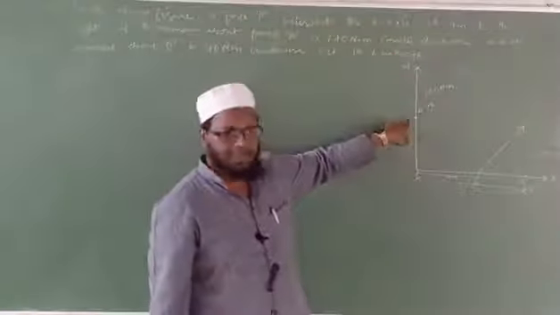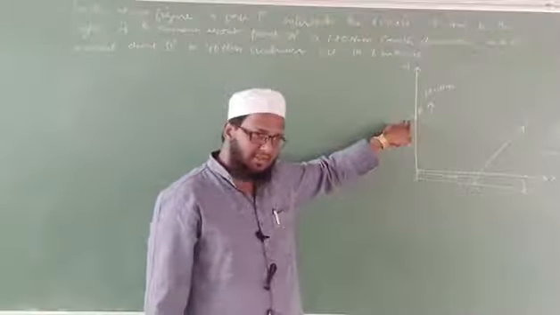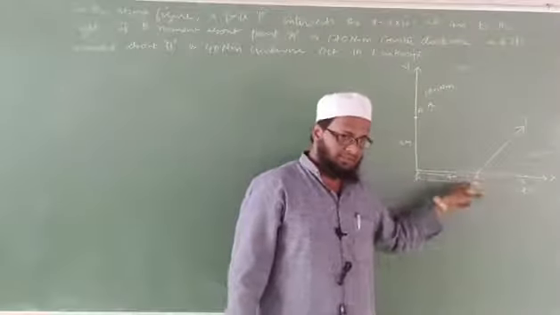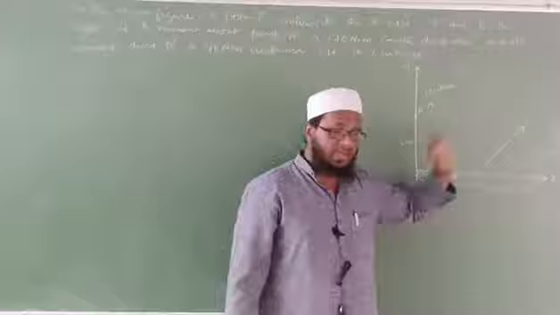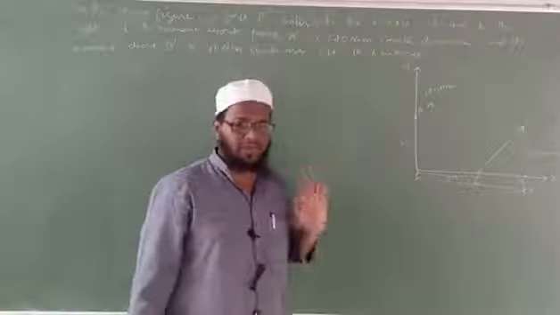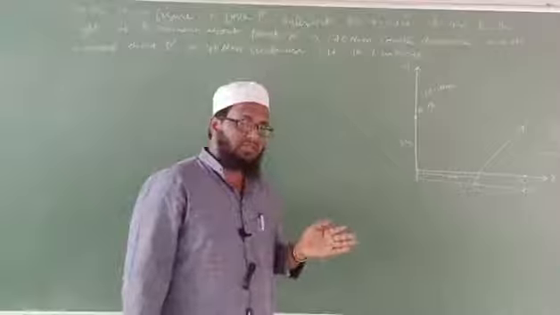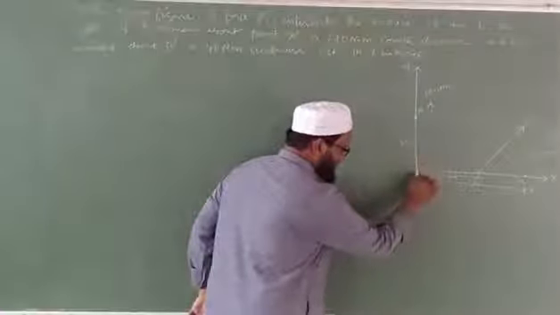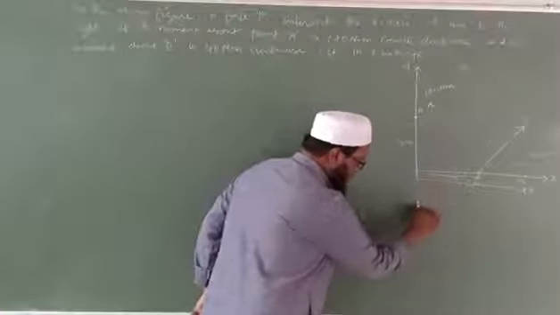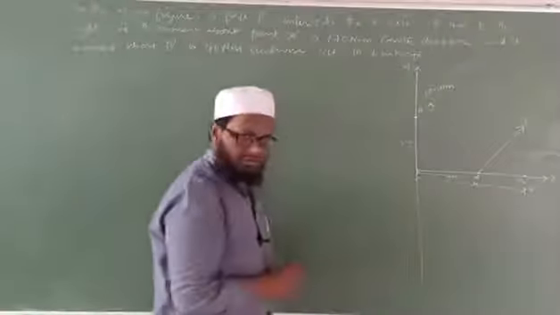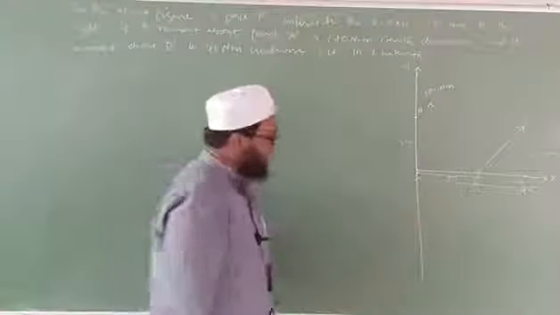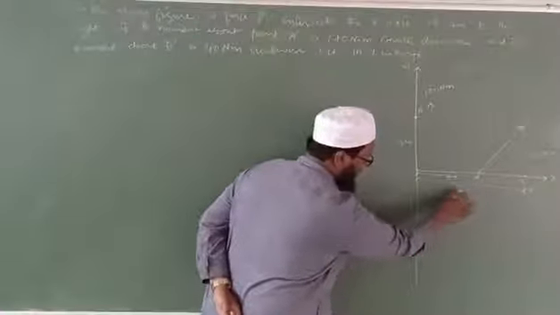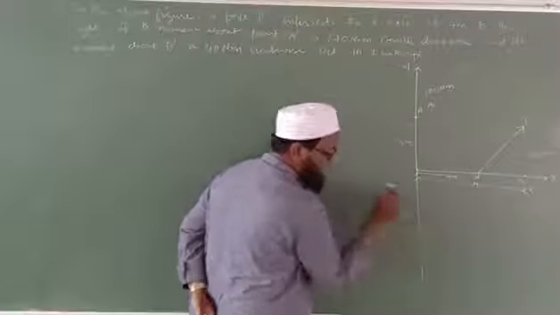So at point A we have one moment, that is 170 Newton meter, and one more moment is developed at point B because of this force, that is 40 Newton meter. Now they are asking us to calculate the y-intercept. What do you mean by y-intercept? Whenever they ask you to calculate an intercept, that means, suppose this is my y-axis, if you project this line in the same slope, we are entering the negative region, and somewhere it will intersect the y-axis.